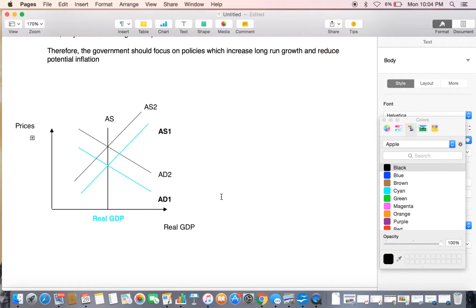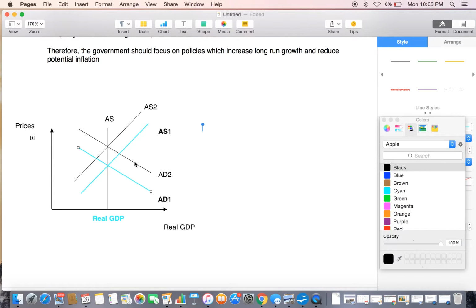Let's say that there's an increase in confidence by consumers that they will be receiving raises in the next year. So they increase their consumption now, and when they do, aggregate demand shifts from AD1 to AD2.